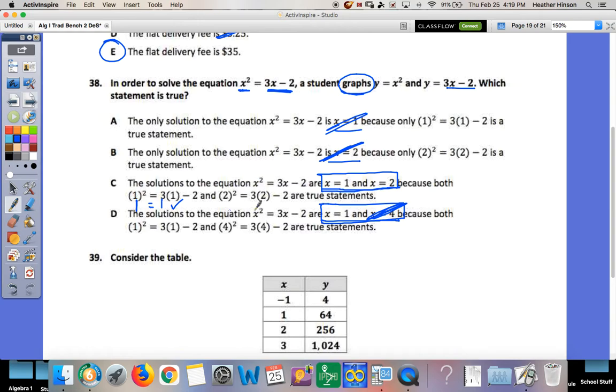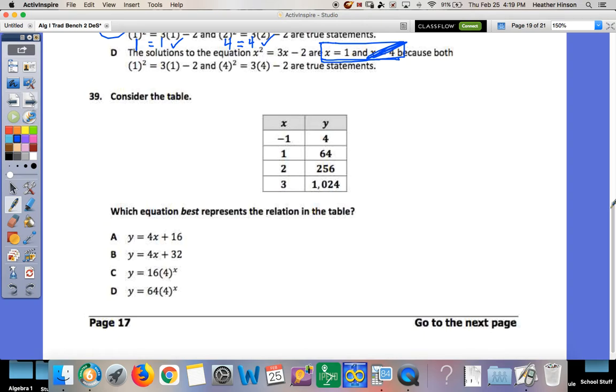If we do it to the second x value, 2 squared is 4. If we plug it into the second equation, 3 times 2 minus 2 is also 4. So you can either graph it, or you could just plug the numbers in and see which ones are true. So this one is definitely C.